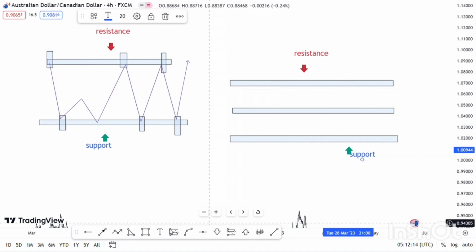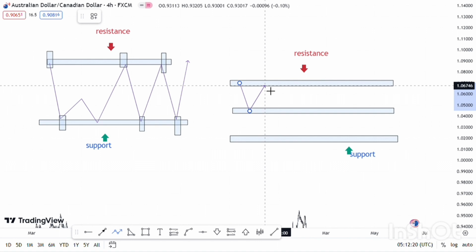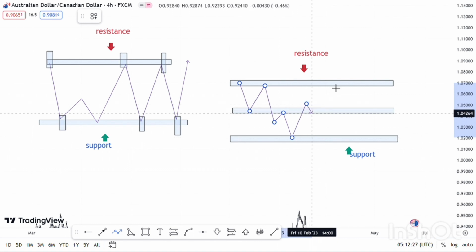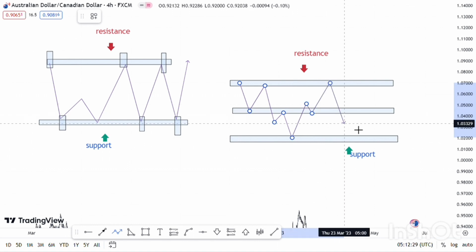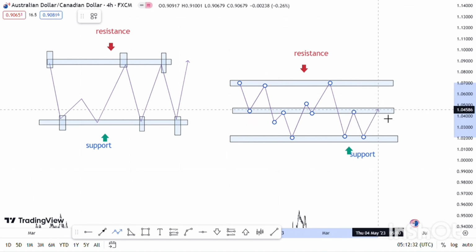What is a mid zone? A mid zone is an area. It changes to become a support at some certain time, and changes to become a resistance at some certain time. So here we have a support and resistance and a mid zone.